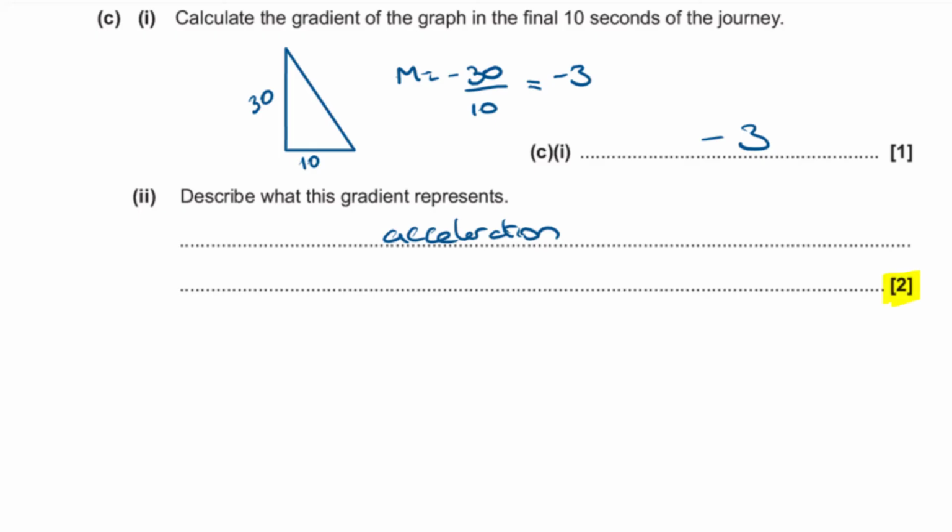Can't just be 2 marks for one word, surely. Well, what else might they want us to state? Well, we know it's acceleration. What about the units? So it's acceleration in meters per second squared, or ms to the -2.